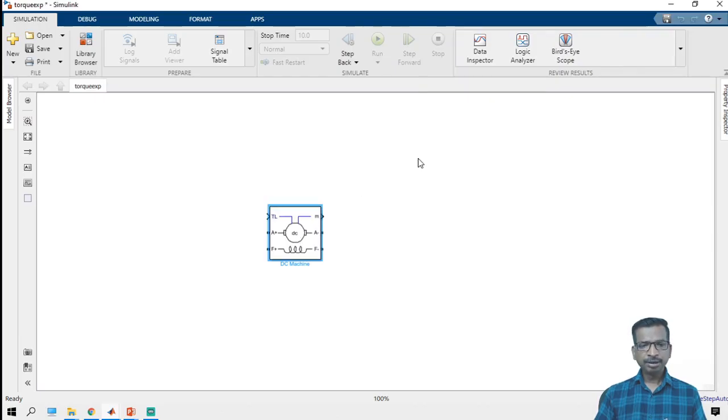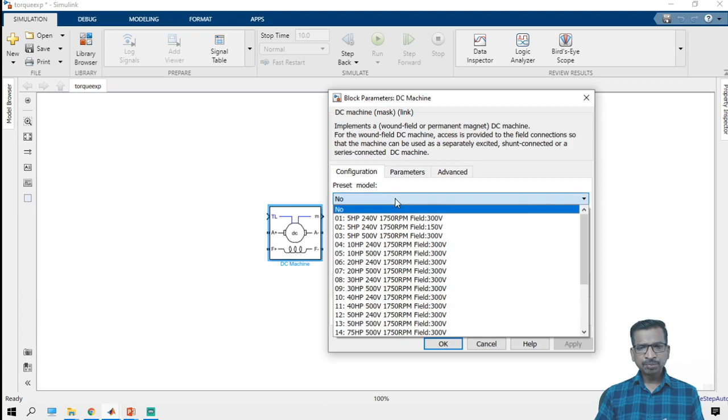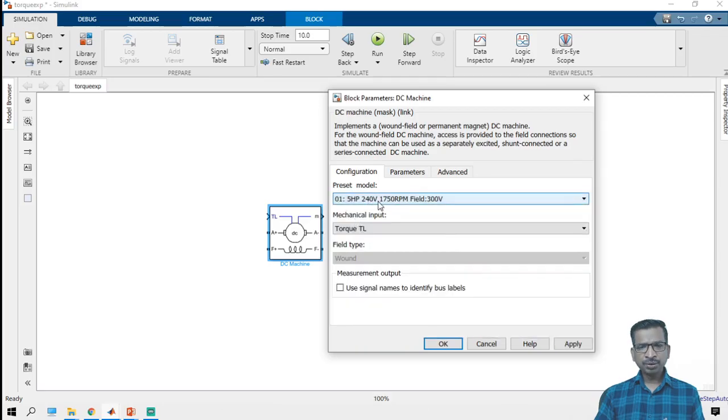And similarly now we have to configure the motor parameters. In this DC motor there will be terminals called A plus, A minus, F plus, F minus, nothing but armature and field. See here, we just have to choose the preset model, like 5 HP, 240 voltage, 1750 RPM, and field voltage is 300.